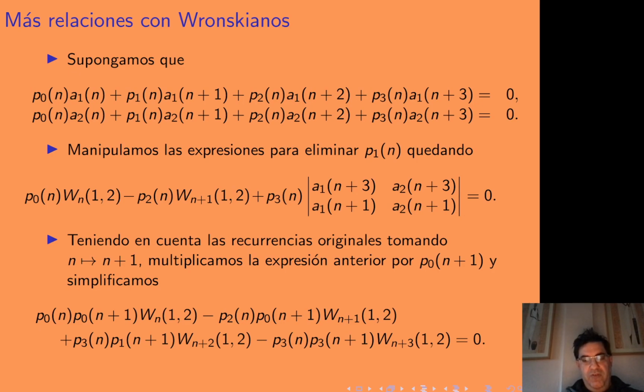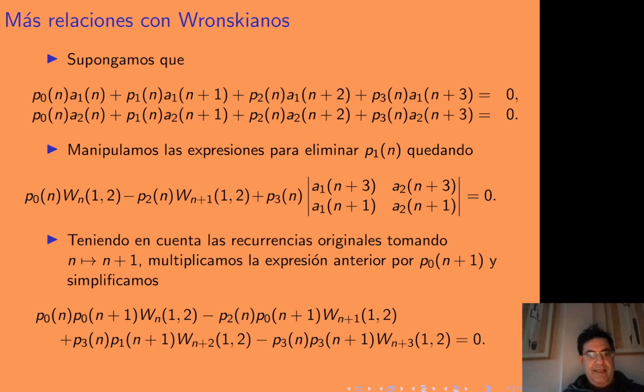So then, surprisingly, you obtain this expression, right? I think it's a nice exercise for you to check what I said. So I multiply everything by p0 n plus 1, you see, it remains here with the first, it remains with the second, and then it remains here with p3, you see, you have p3 here in both.